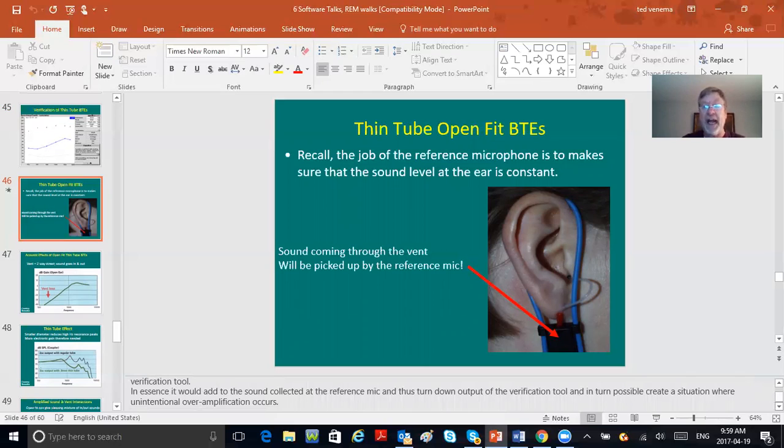In essence, it would add to the sound collected at the reference mic and thus turn down the output of the verification tool, in other words, the real ear system, and thus create a possible situation where unintentional overamplification occurs. In English, more sound is being picked up by that reference mic, so therefore you'll turn down the output of the REM system and therefore create a situation where unintentional overamplification occurs.